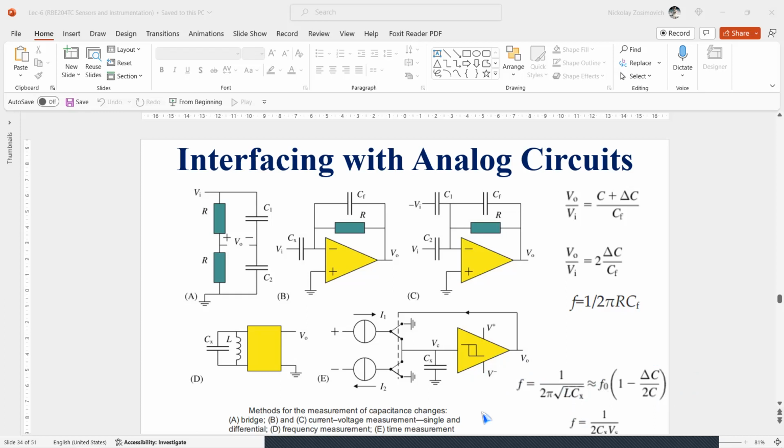An advantage of the oscillator method is easy signal processing with a microprocessor. What does it mean? It means the frequency can be determined by simply counting the number of clock pulses during one cycle of the oscillator signal. Obviously, the other circuit elements must be stable, and the oscillation process should be guaranteed over the entire capacitance range.